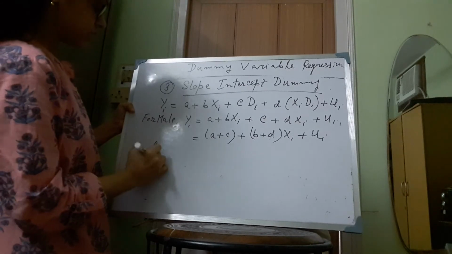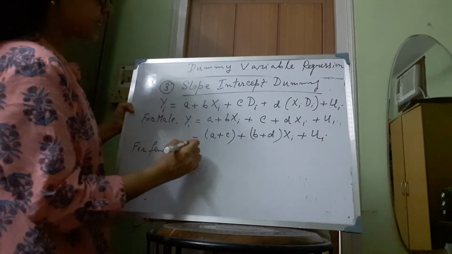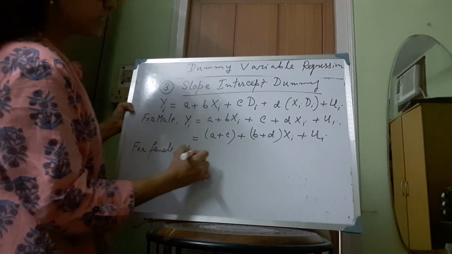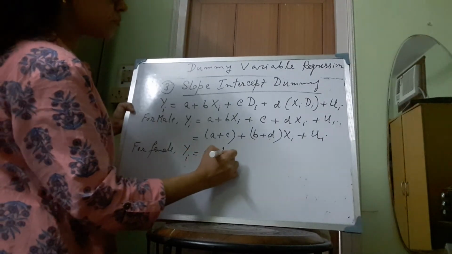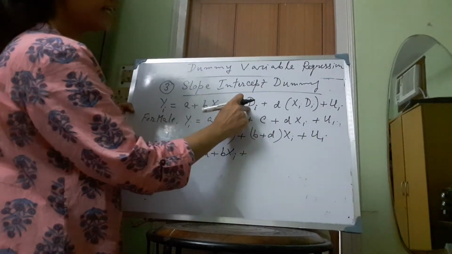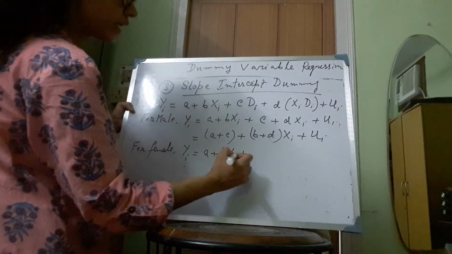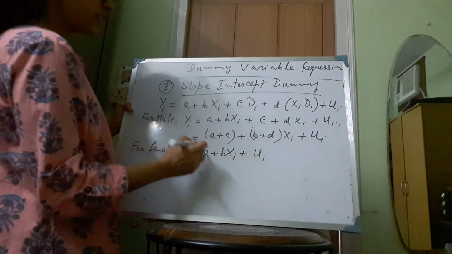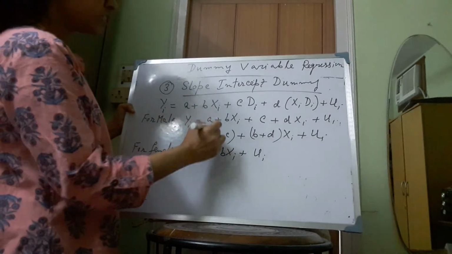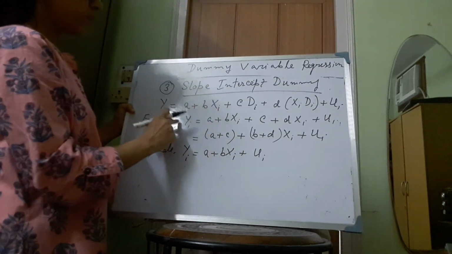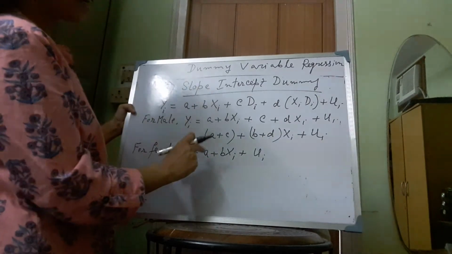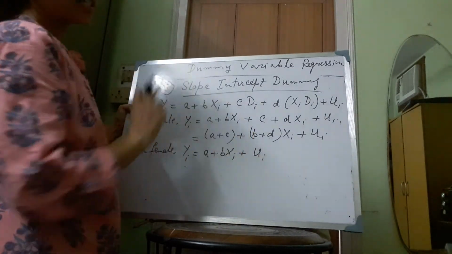And for female worker, the regression model that we are getting is yi is equal to a plus b xi, then di is 0, so this term vanishes, then this term also vanishes, so a plus b xi plus ui. So in this case, if we compare these two regression equations for male and female, then we can observe that both the slopes and intercepts are different.